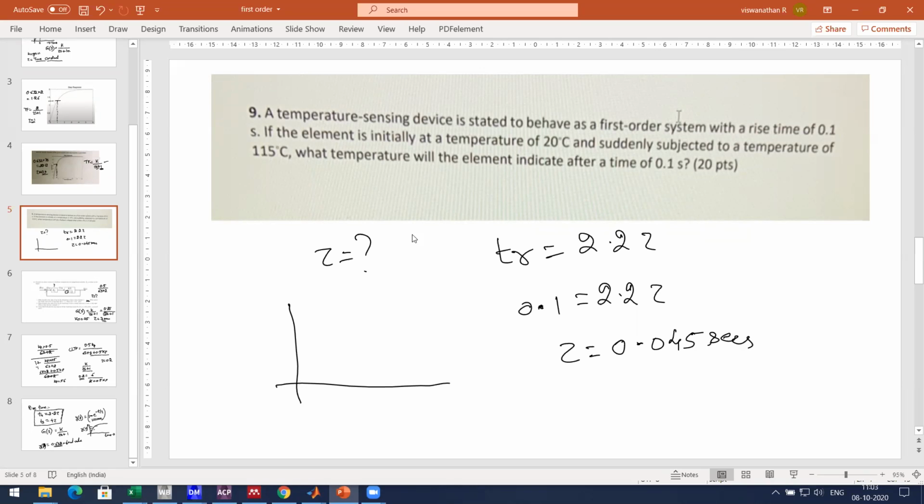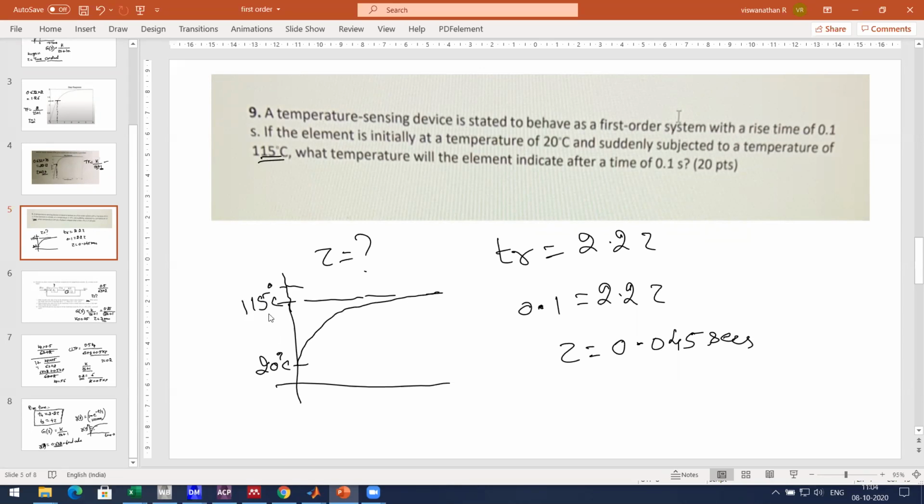Okay, now, what has he given? Initially at 20 degrees centigrade, subjected to a temperature of 115 degrees centigrade. So this is 20 degrees centigrade, and it's increasing to 115.